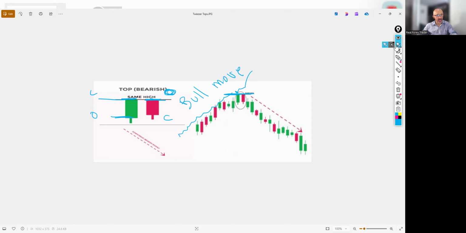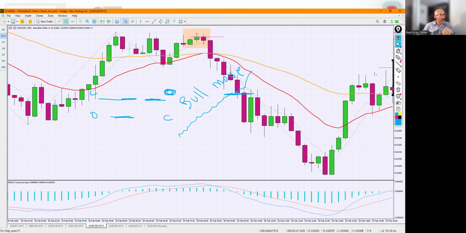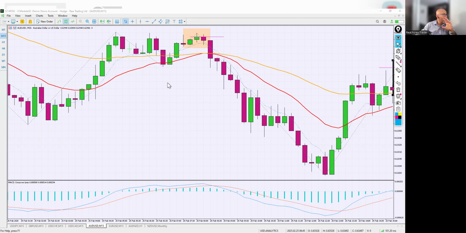Now, let's see this pattern on our charts. Here we have this one. I previously searched for the pattern. It's not very common. For that reason, when it appears, it's worth taking into account the different indications that the pattern is showing.